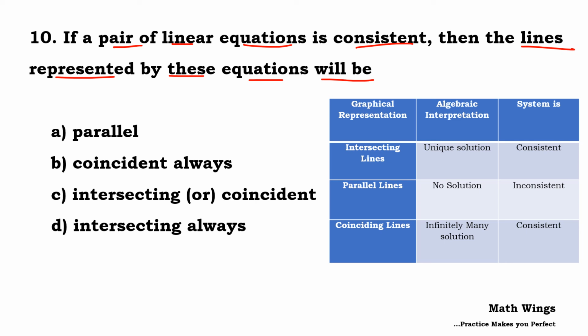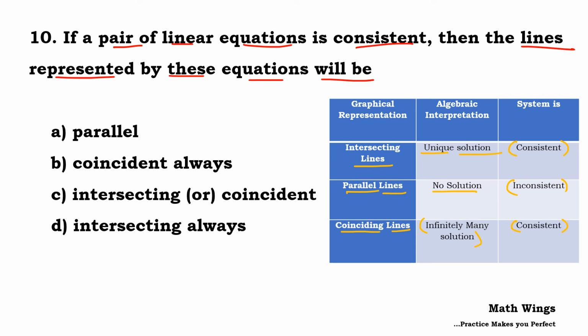If we have intersecting lines, we can have only one solution, that is unique solution, and the system is consistent. Next, when we have parallel lines, there is no solution as well as the system is inconsistent. As well as when we have coinciding lines, we can have infinitely many solutions as well as the system is consistent.